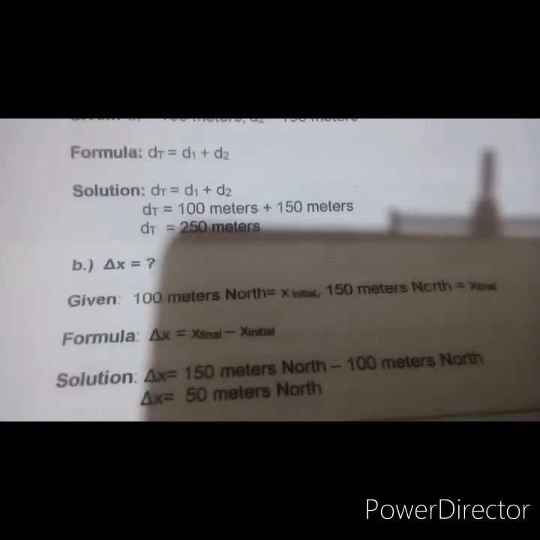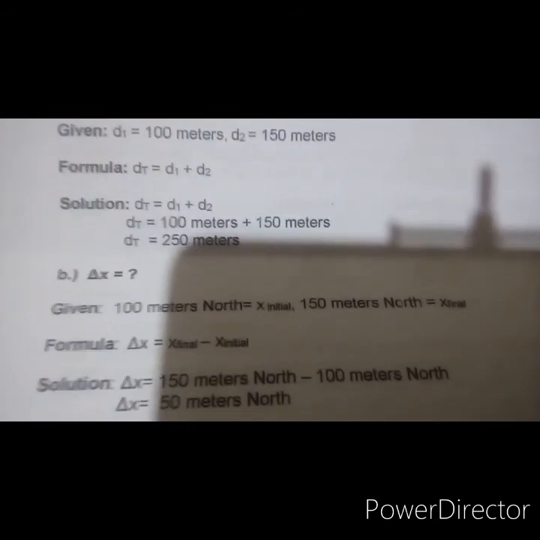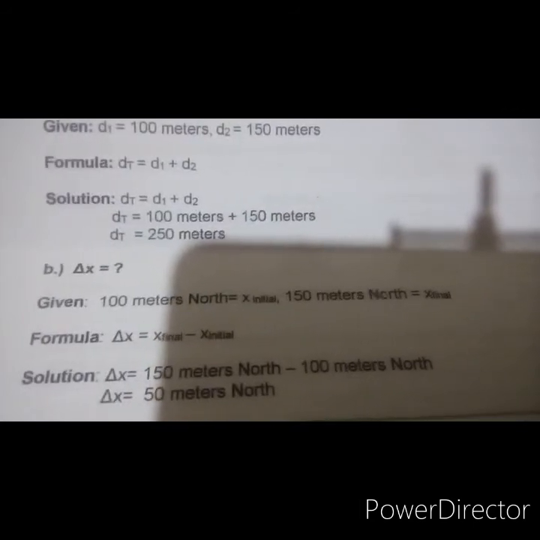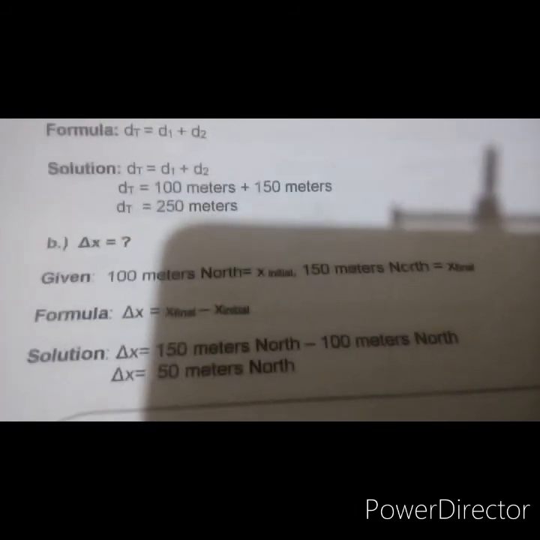Now for letter B, we have the displacement. So the given still are 100 meters north, which is the initial position, and 150 meters north, the final position. Take note, please don't be confused with the final and the initial.